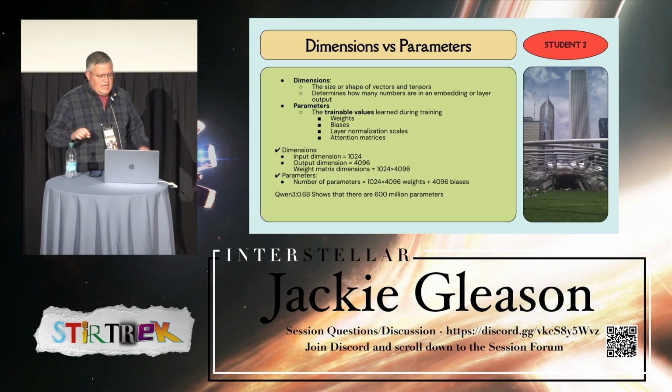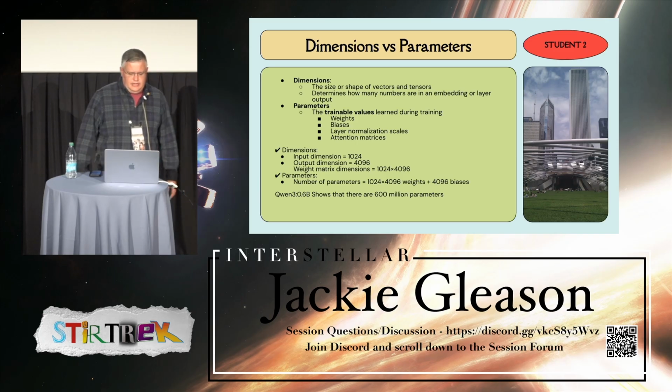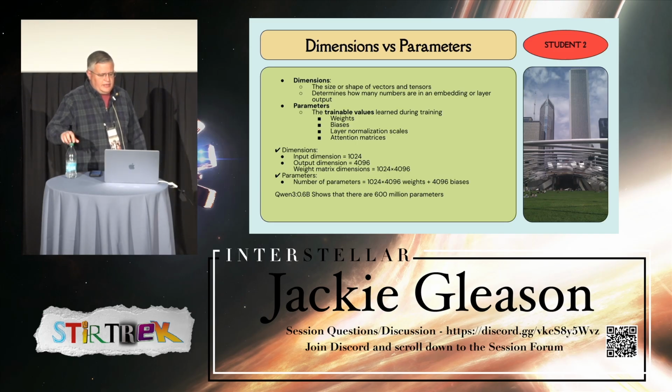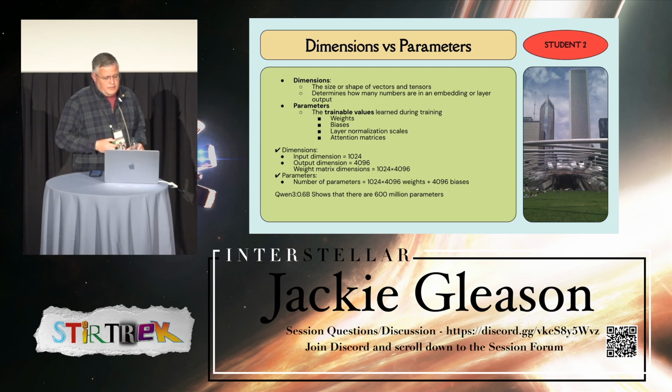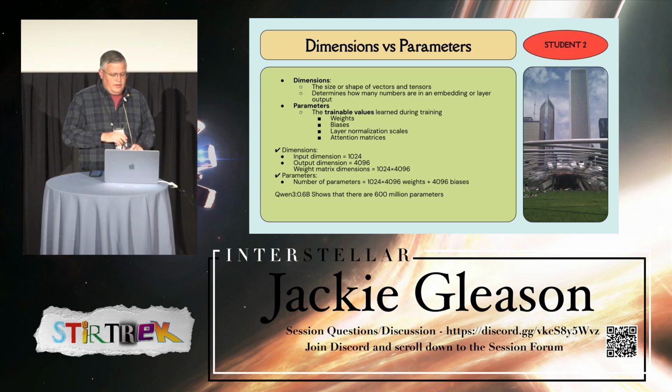So this is how the vector space looks. The number of numbers in the vector correlates to the dimensions within the model. The parameters are the trainable values, so it's all of the biases and weights that are put into the actual model itself.